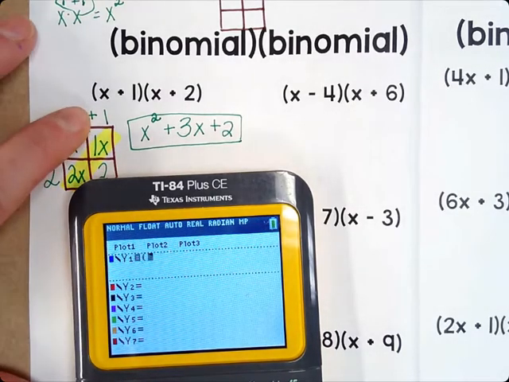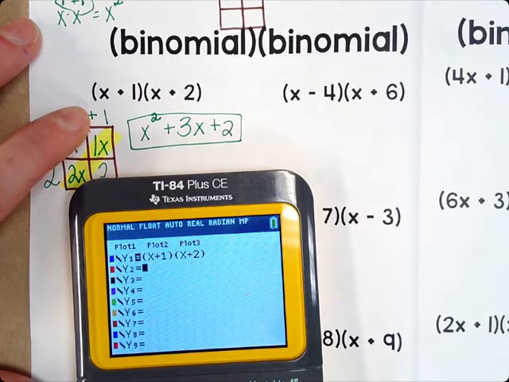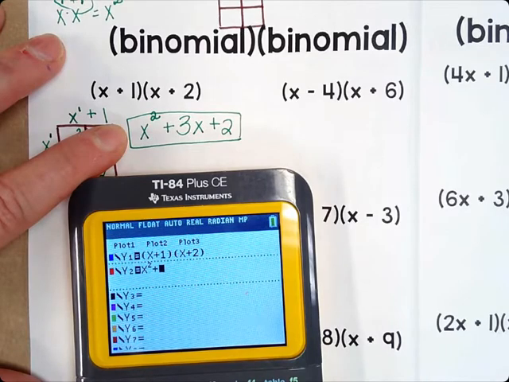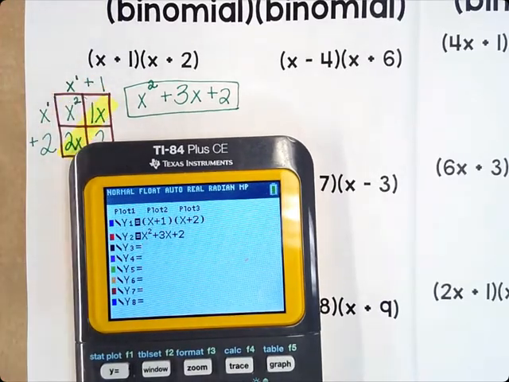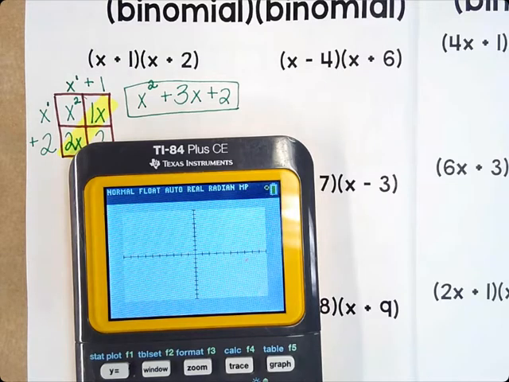So we're going to put in parentheses x plus 1 times x plus 2 in Y1. Then in Y2, we'll do x squared plus 3x plus 2. Graph it.